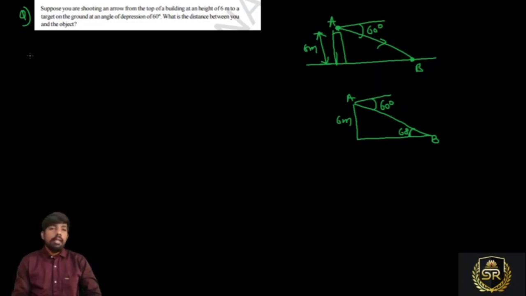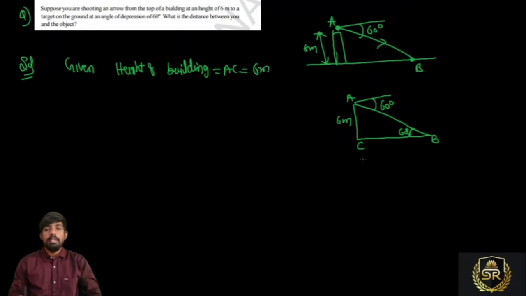Now we can write what is given. Height of the building is AC equals 6 meters, and the angle of depression is 60 degrees.